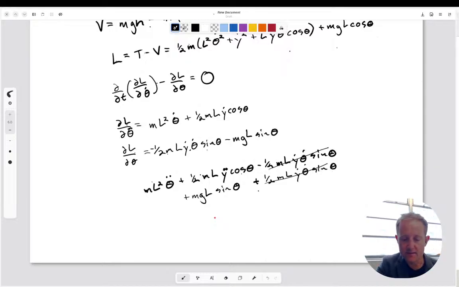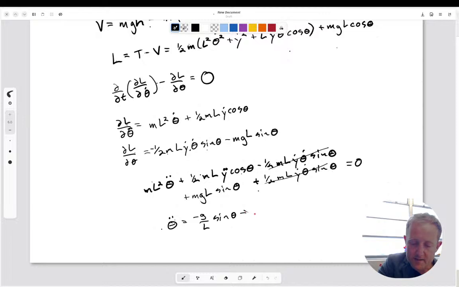So now let's get this all, and this whole thing is all equal to 0. So let's divide through by that m L squared and get things all lined up. So θ double dot is a negative g over L times that sine of θ minus, with the m L squared, that would be a ÿ over 2L.